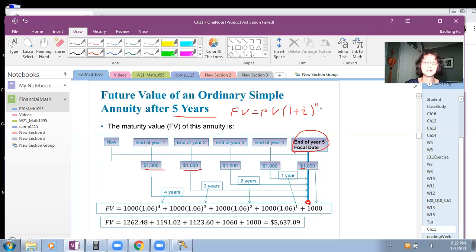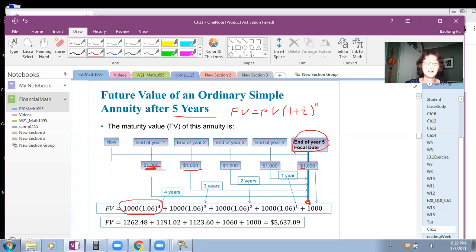N is the term. So first we figure out at the end of year 1, you have this $1,000. How much would this $1,000 be after 5 years? So use this formula. It is this amount.